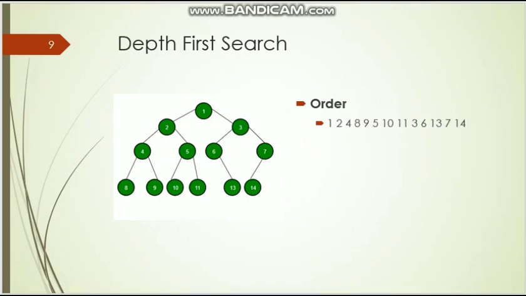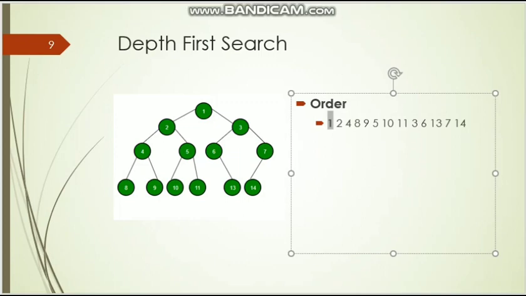The next technique is depth first search, where the priority comes by depth. In the same way we start expanding the nodes. The starting node is 1. Here first we expand 1 and it comes to 2.